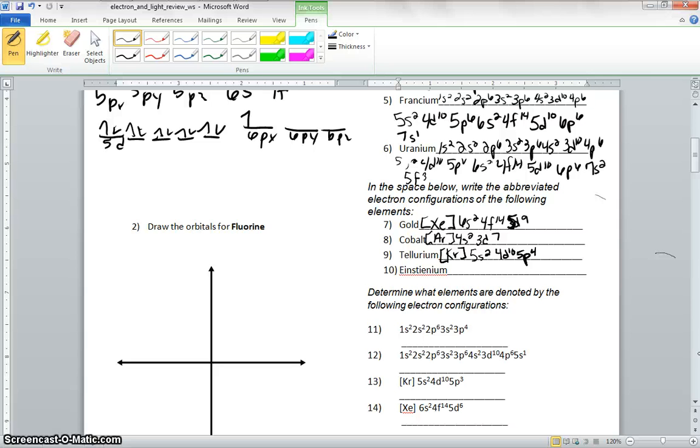Okay, so the noble gas that's going to be best to use for that one is going to be radon, Rn. And then so it's going to be 7s2.